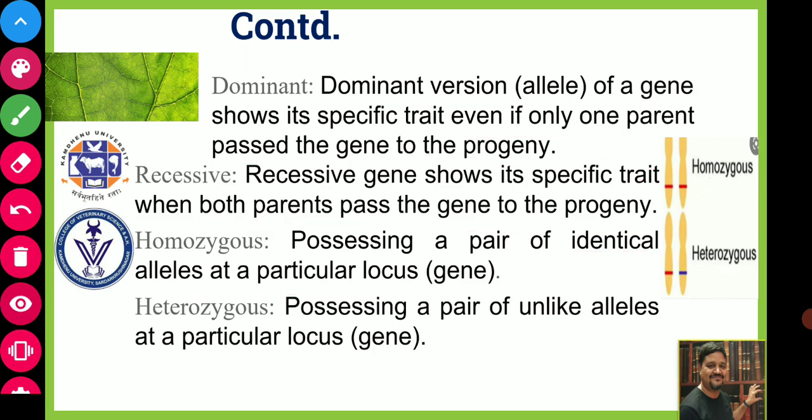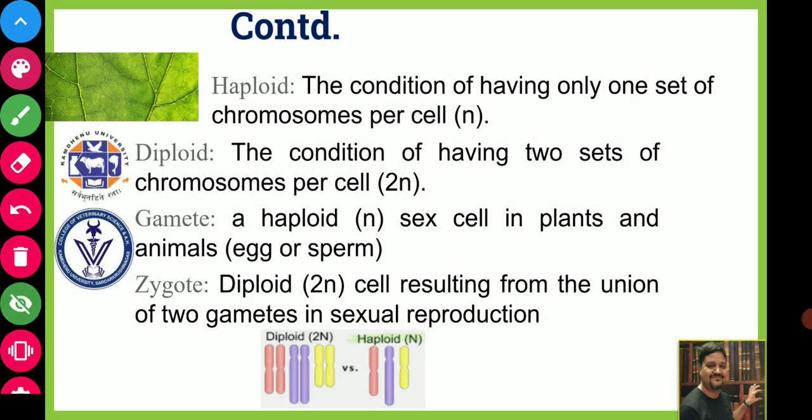The next is haploid and diploid, another two related terms. Haploid is the condition of having only one set of chromosomes per cell. We know that there are two sets of chromosomes. In each cell of an individual, I might have received one set from my father and another set from my mother.